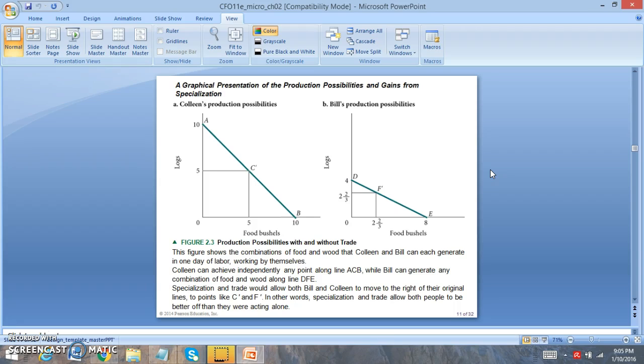But the key to evaluate with this, when we look at opportunity cost or the comparative advantage, is that we then have to focus on some other things. The main thing we have to focus on with comparative advantage is who gives up less to make those decisions. That's important, and that deals with our opportunity cost. And whoever gives up less is the one that should be producing that good or service.